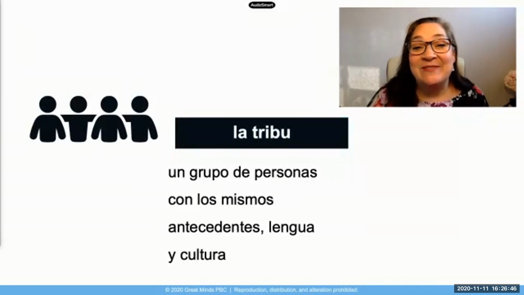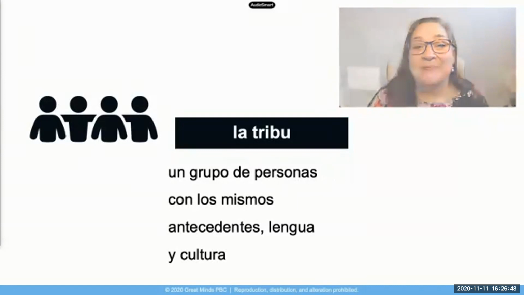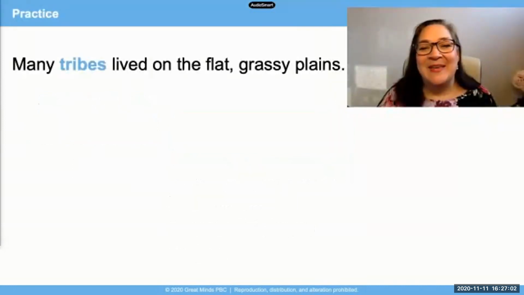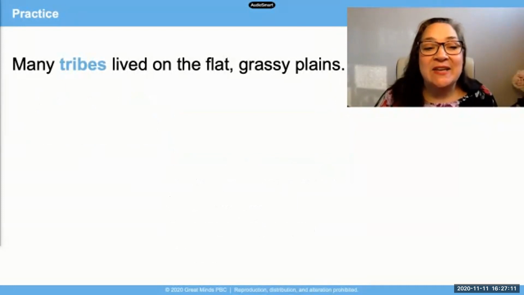Let's listen to the word and definition in Spanish. Fantastic! Now, let's practice reading the word tribe in a sentence. Many tribes lived on the flat, grassy plains. Now, you try.